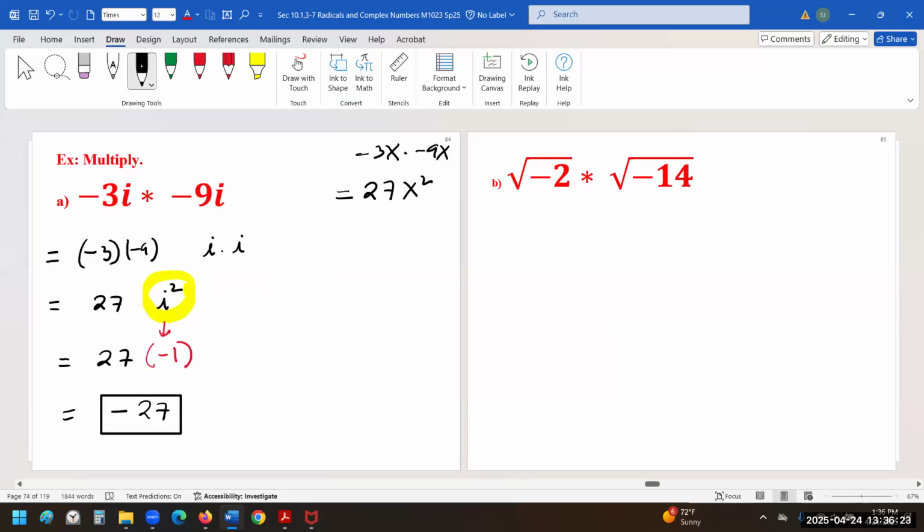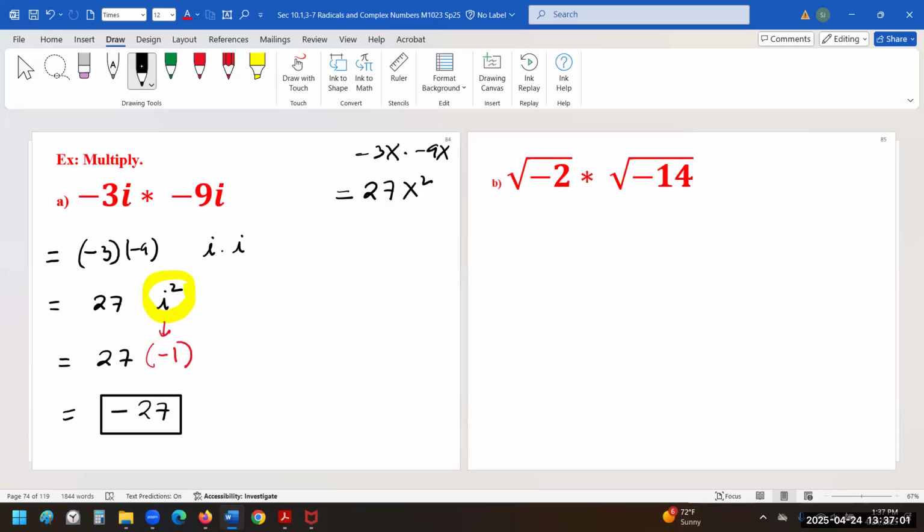Okay. But not always are you going to see the I. Sometimes they will not give you I, but they'll give you imaginary numbers. If you don't see I, but you know you're working with imaginary numbers, you always have to bring the I out first from the imaginary number and then multiply. If you try to multiply without bringing the I out first, you're wrong. What do you mean? It's I squared.